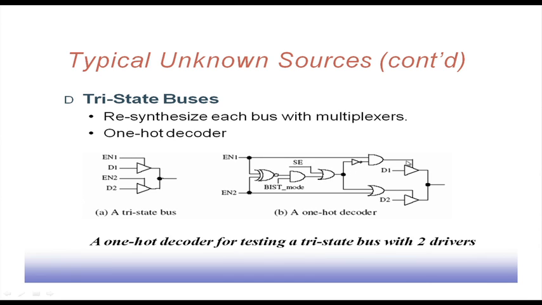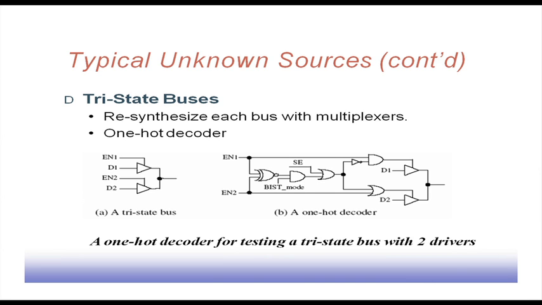So EN1 will not go through in that case. This ensures that if both enables are activated, only one of them will get through. If one of them is 1, the corresponding driver will be turned on. That is why it is called a one hot decoder. If both are 1, only one of them will finally survive, the other one will die.